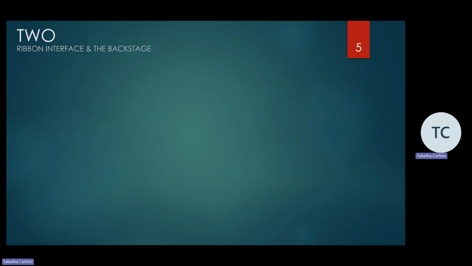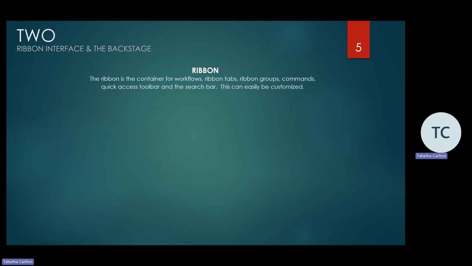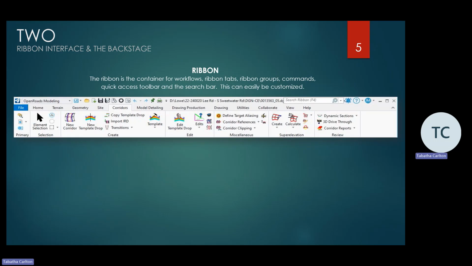Something else you might notice jumping from InRoads to OpenRoads is that ribbon interface up top. I'm still trying to get used to that thing. The ribbon is the container for the workflows, ribbon tabs, ribbon groups, and commands. So up top are your workflows.